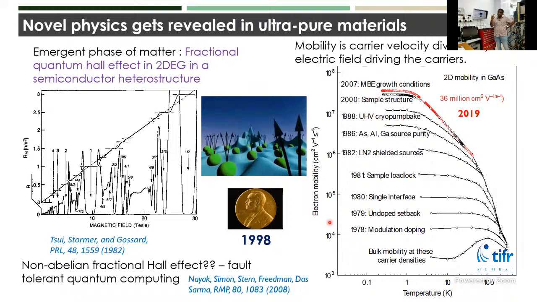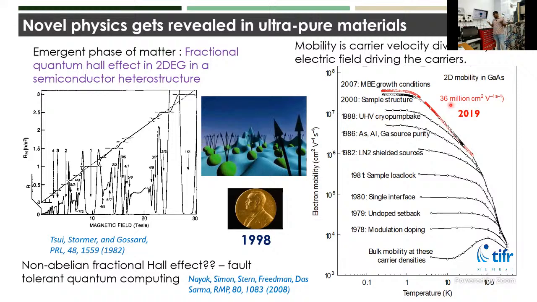And the faster they move, it gives you a measure of how clean the system is. Over the years, this number has gone up so much that now you can have mobility of the order of 36 million centimeter square per volt second. And this is basically the most pristine material that you can find in today's world.